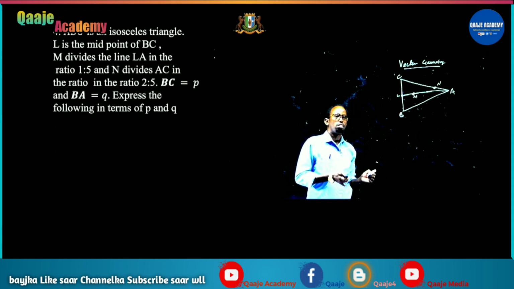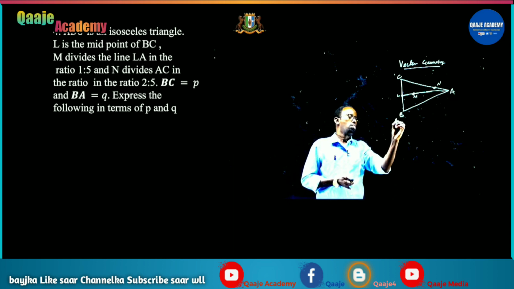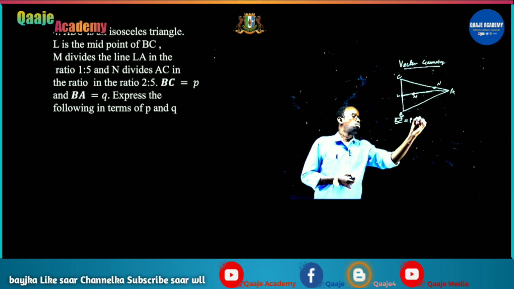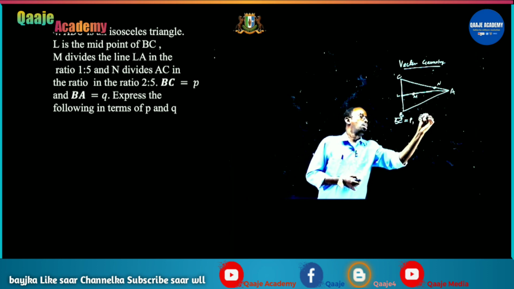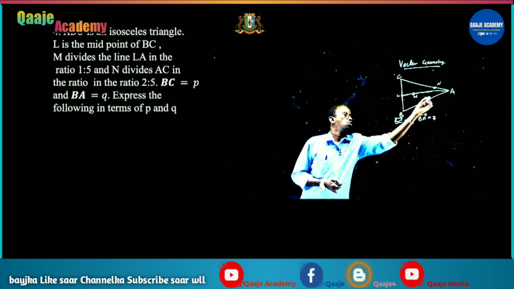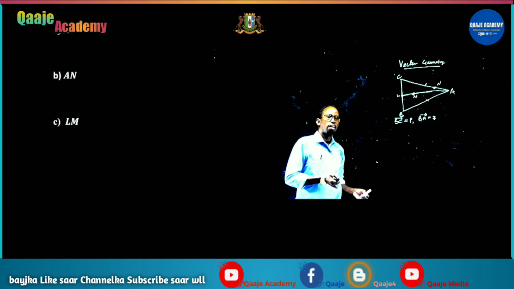Now the question is, BC is B. And then BA is Q, this side. And we know that this is an isosceles triangle. Now you're told, express LA.